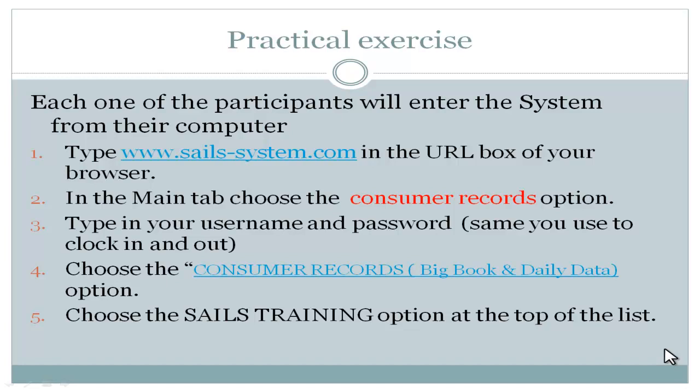The username and the password, you're going to be using the same that you currently use for clocking in and out. After that, you choose the consumer records option, and then you go ahead and choose the sales training option at the top of the list, just like I did in the previous video.